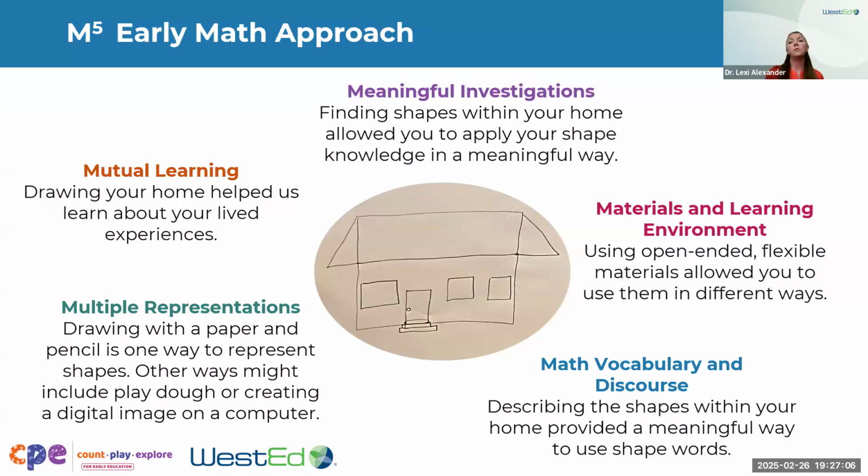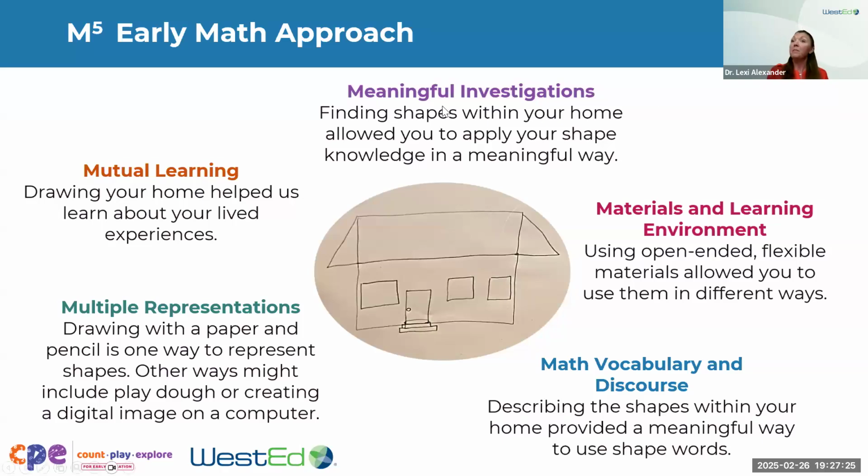So when we provide opportunities like the one we did just now, it allows us an opportunity to learn about children, to learn about their homes, to learn about their neighborhoods, to learn about their lived experiences. So when you drew your home, it helped us learn about where you lived and what experiences you might have.